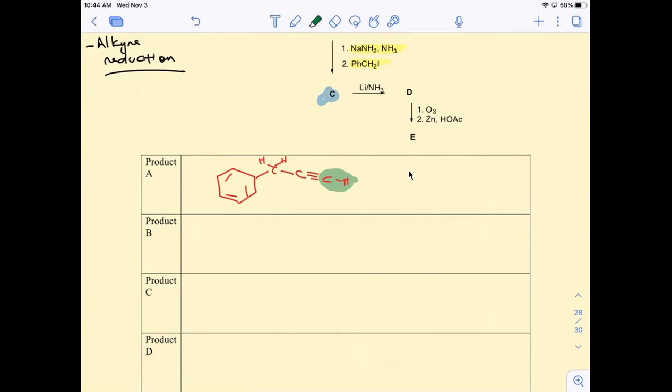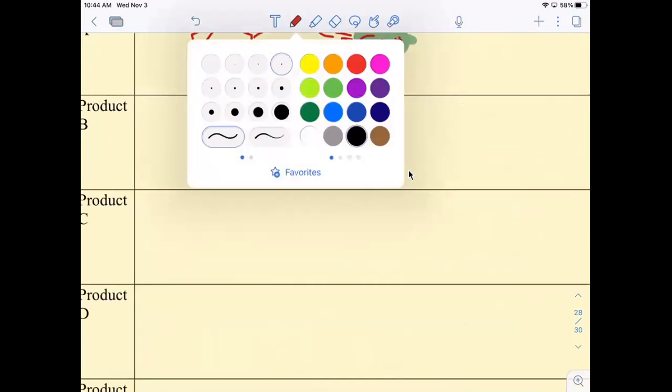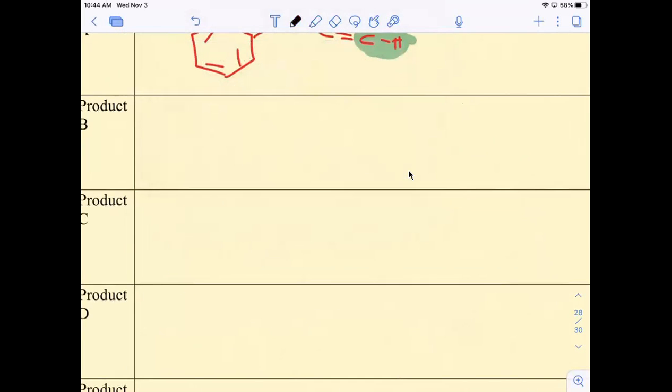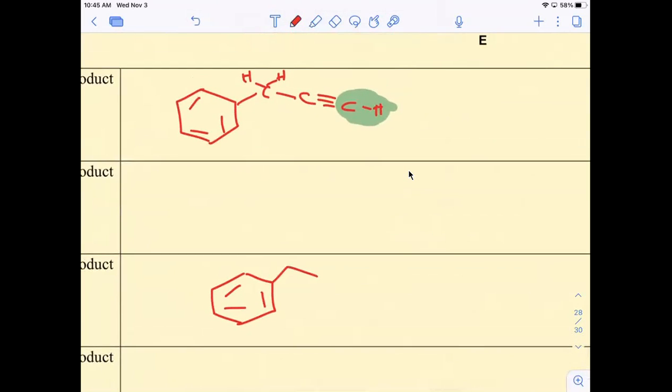Is that right? Yep. So the product from that is going to be, I'll leave that red, and then I'll make the other side a different color. And on the other side, I'm gonna have the same thing.